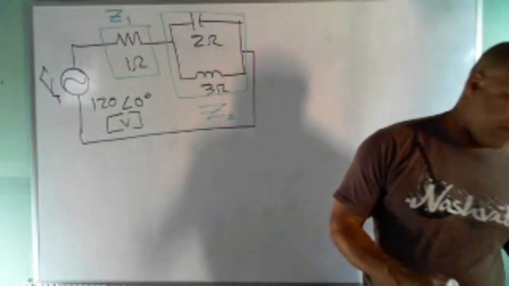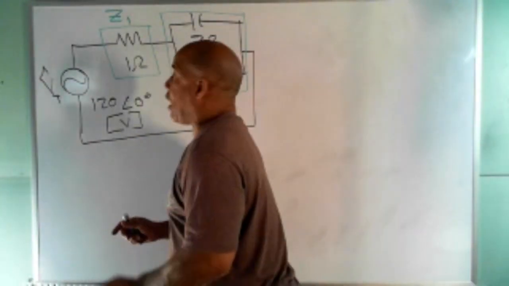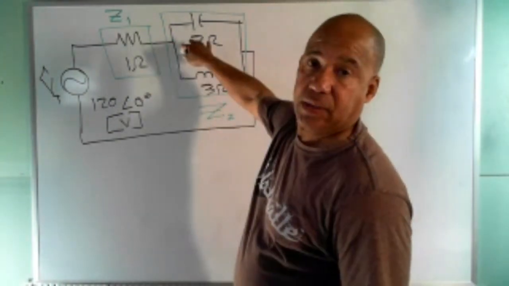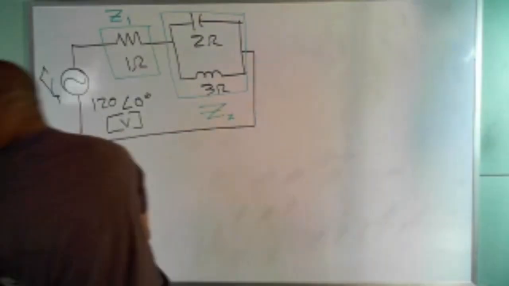So now I'm going to redraw the circuit with just the blocks, and I'm going to solve for what's in the blocks. So I'm going to redraw the circuit like this.